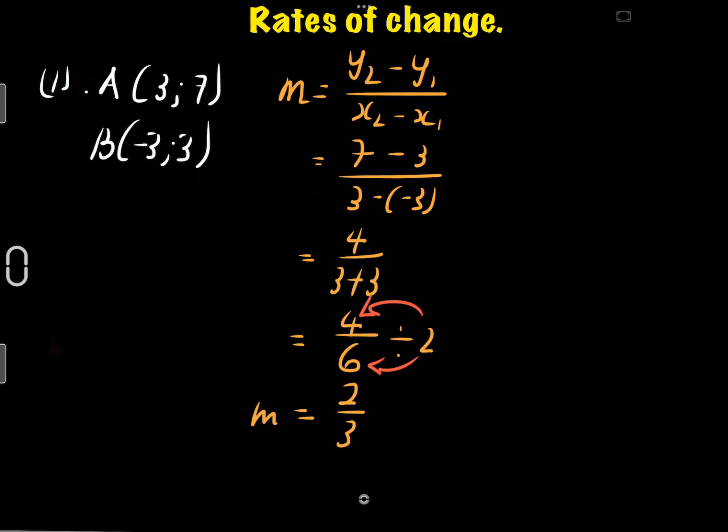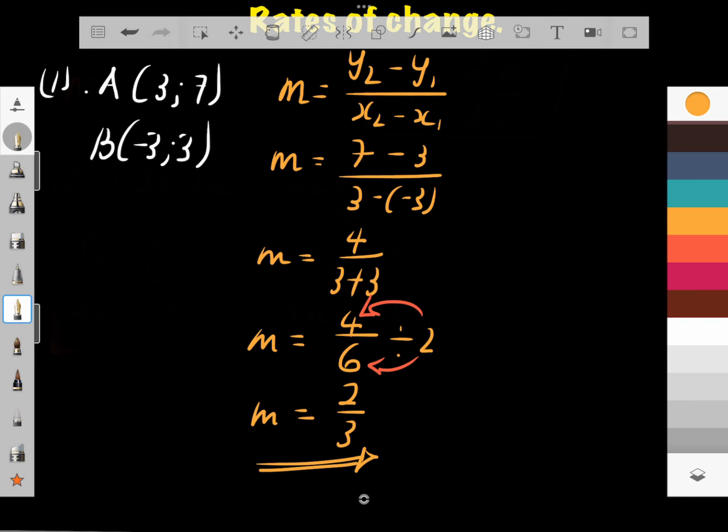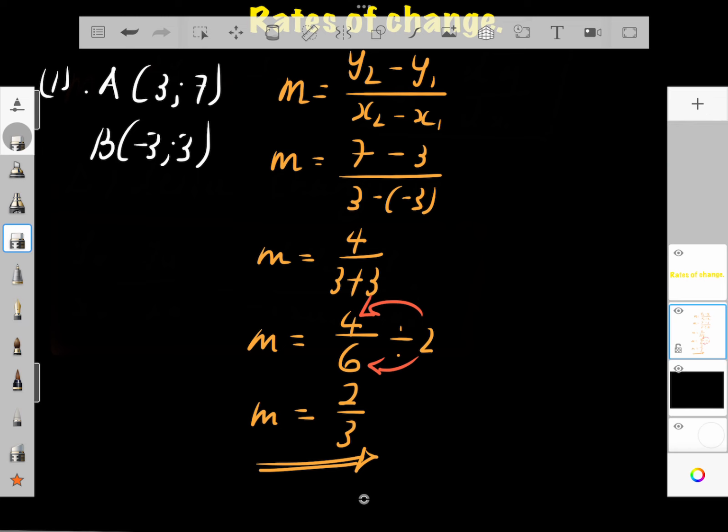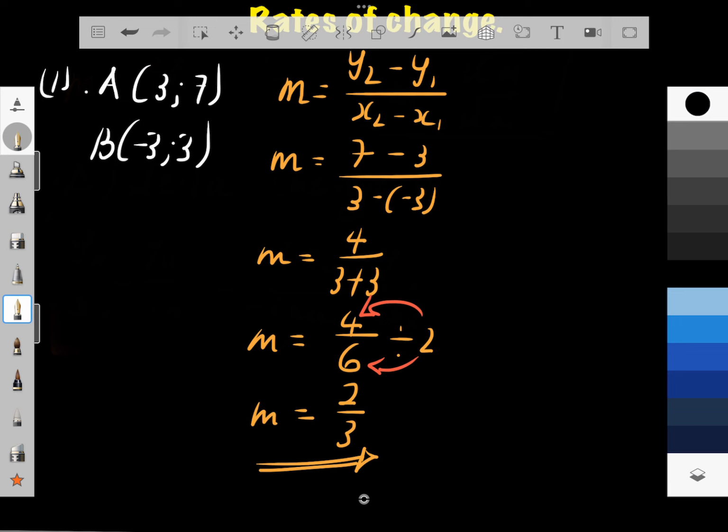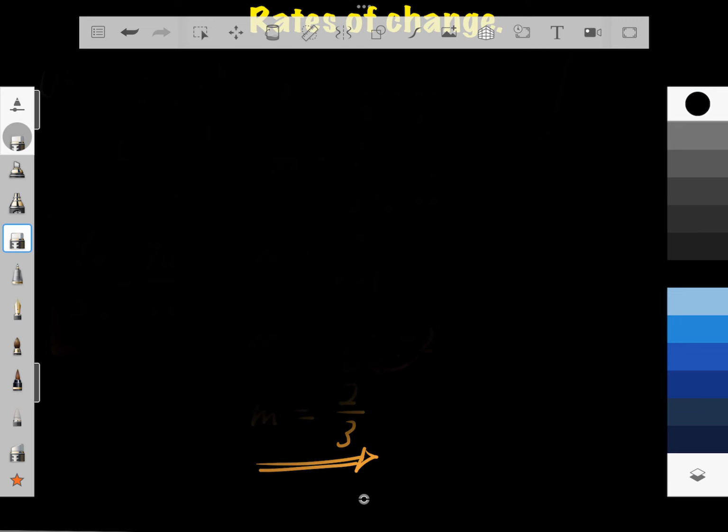So essentially, our gradient is 2 over 3, or 2/3. Okay, let's look at another example. Let's look at example number 2.